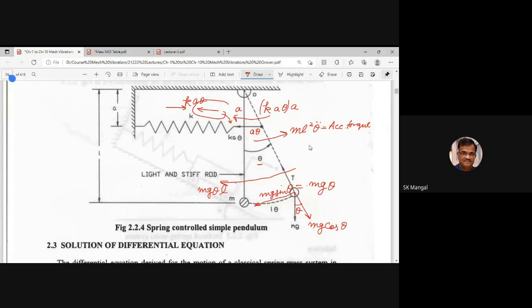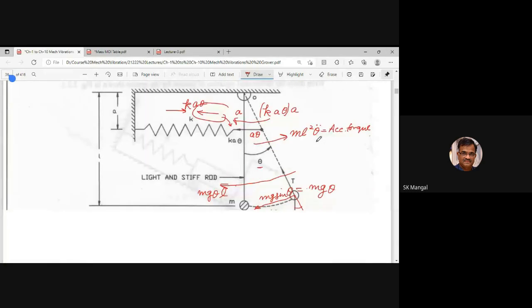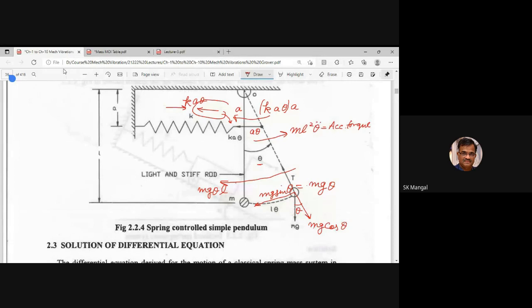Now again, you can write the equation of motion here. I can say the accelerating torque or moment is equal to the restoring torque. If I consider this the positive direction, then this will become the negative direction.